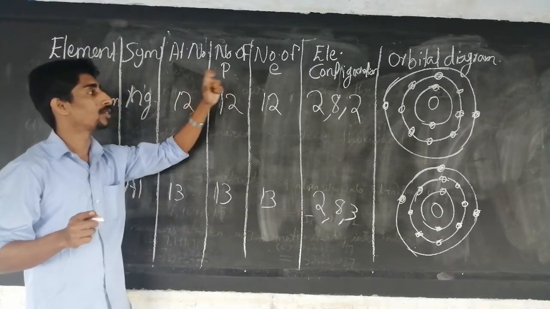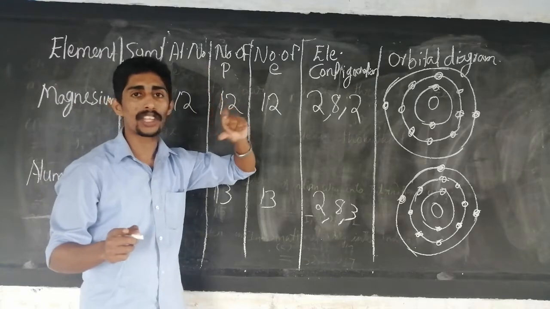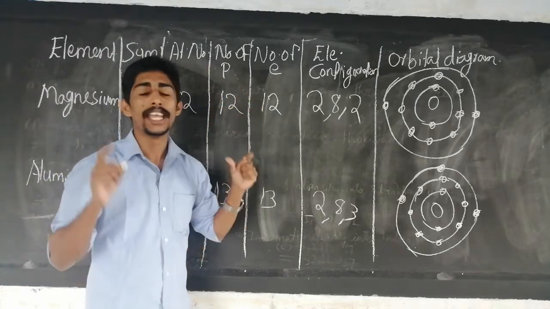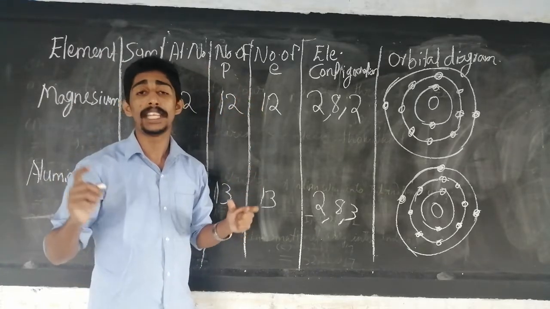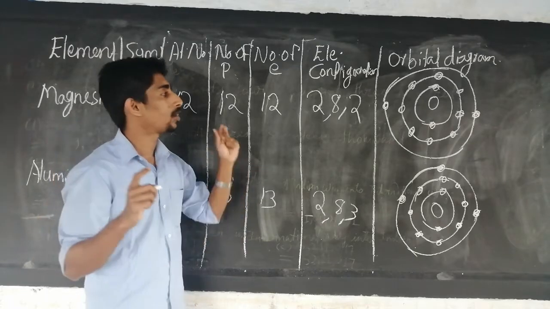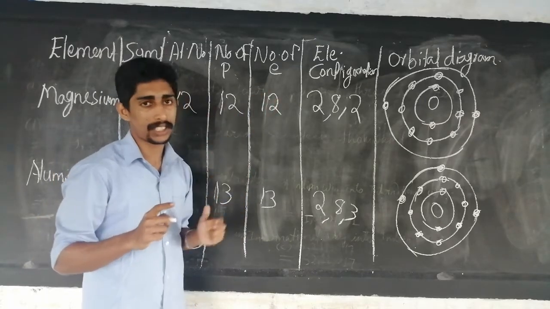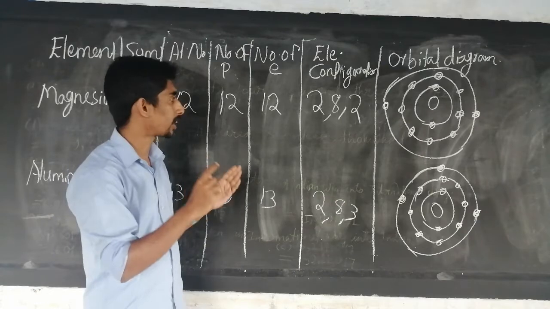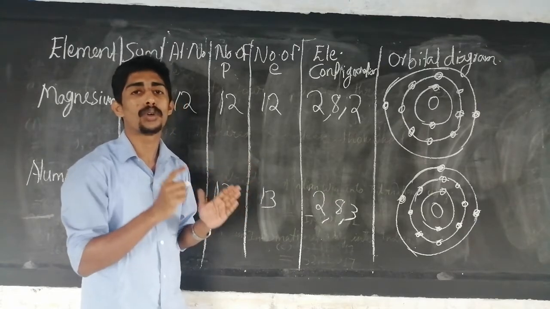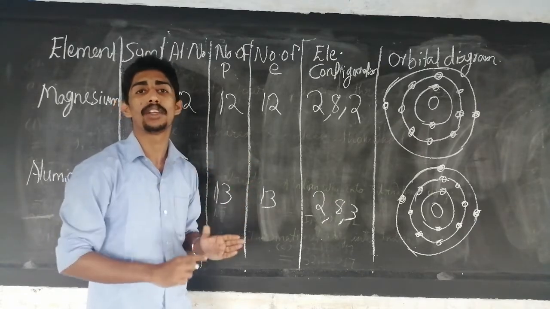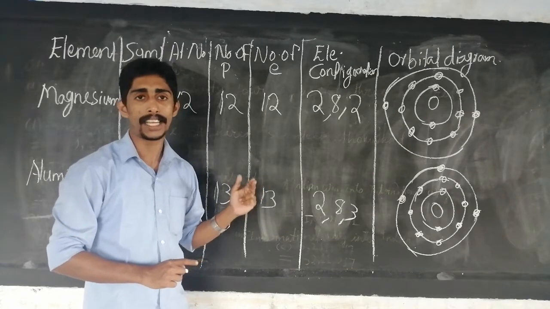So in magnesium how many electrons are there? 12 electrons. Among those 12 electrons, 2 electrons will go to the first shell, K shell.